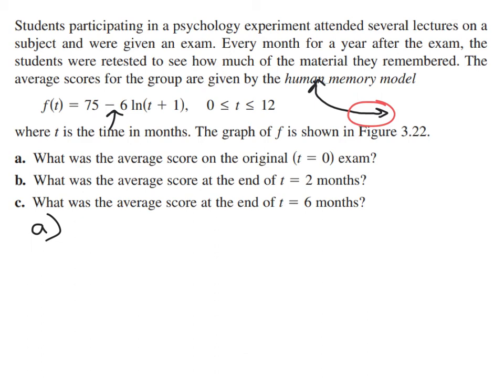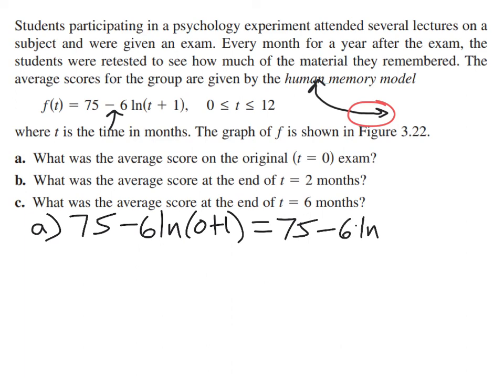So the first one here, I would expect I could just evaluate it off of properties, because that's all that's really going on here. I don't need a calculator on this one. I have 75 minus 6 times the natural log of 1, right? But wait a minute, natural log of 1, that takes me to my properties.